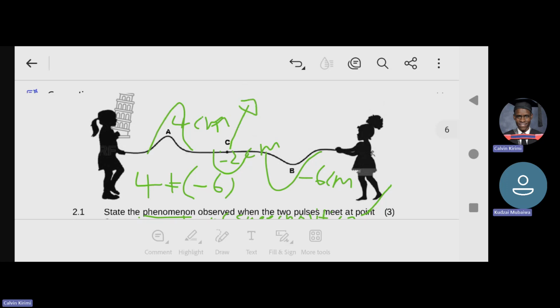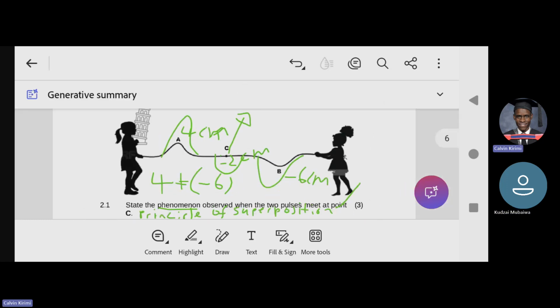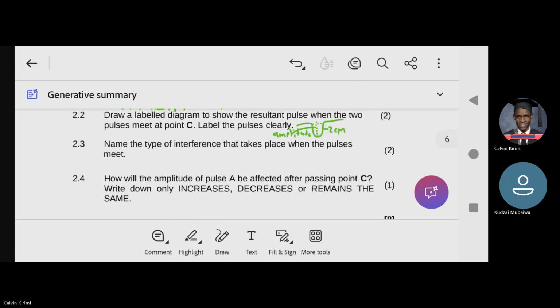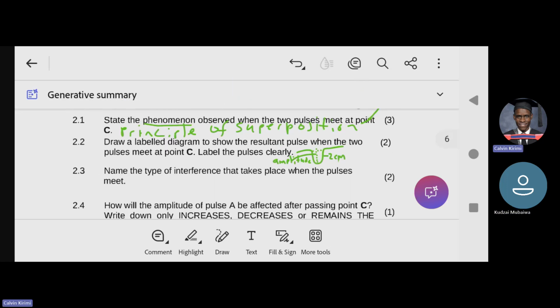At C, the resultant you have drawn here, is it constructive or is it destructive? It's destructive. Why is it destructive?